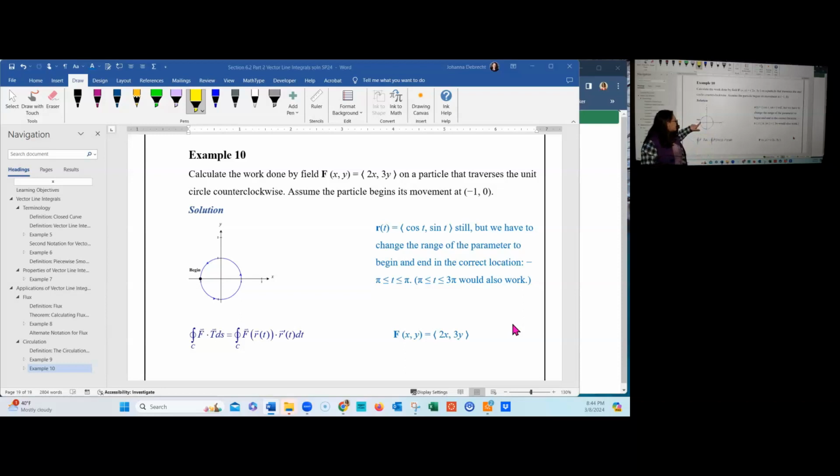If we want to begin and end here on the negative x-axis at negative 1, 0, we could start at pi and travel to 3 pi, or we could start at negative pi and go to pi. In order to compute the circulation, we need to find f of r of t dotted with r prime of t, and then integrate with respect to dt. Pause the video to work it out now.